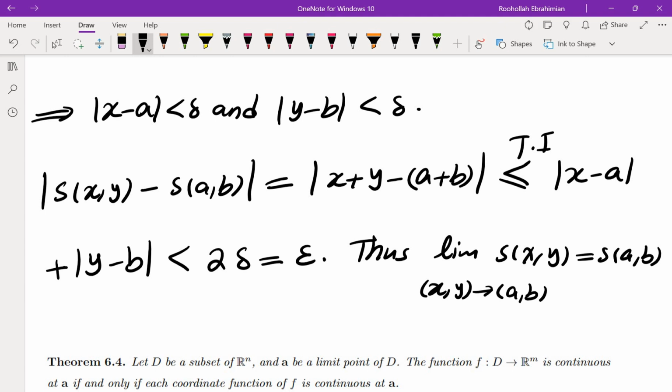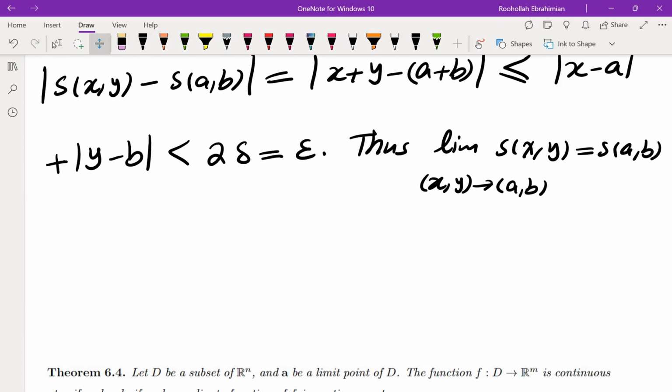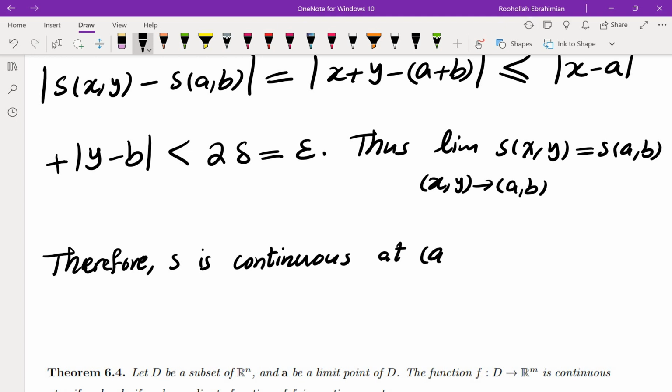approaches (a, b). And what does that mean? It means s is continuous at (a, b). So now (a, b) is arbitrary.